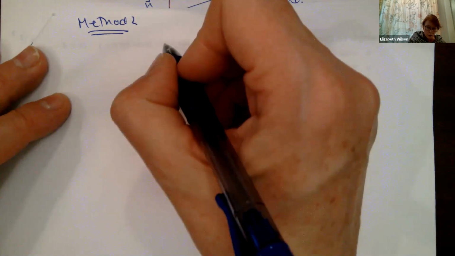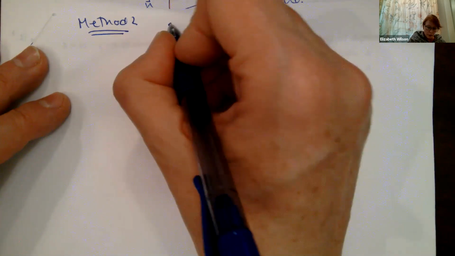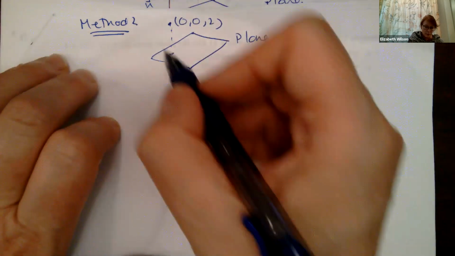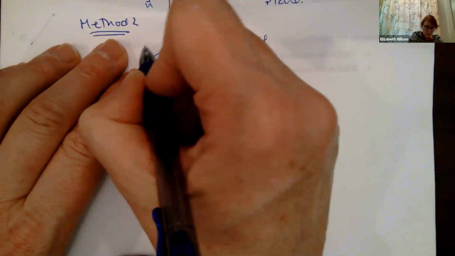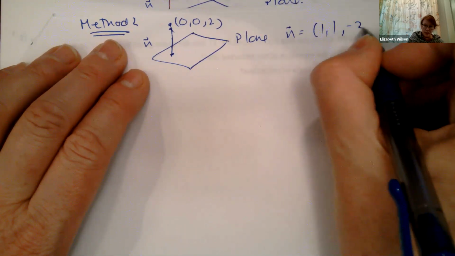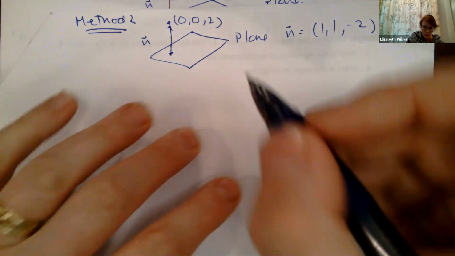So now I'm just going to quickly redraw this. Here's our plane. Here's our point 0, 0, 2. And so I've got to come up with this normal vector. My normal vector for here was 1, 1, minus 2. I extracted that normal vector from the equation for the plane. Our point is 0, 0, 2.